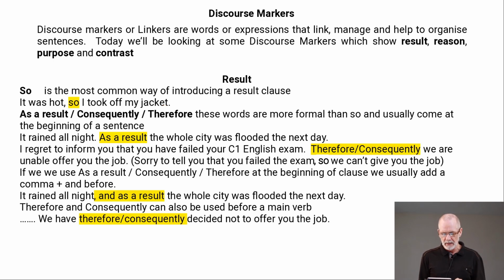The first one is it was hot, and the second one is the result clause, so I took off my jacket. Notice that there is a comma before so, and here we have two clauses in the same sentence. So is the most common way in spoken English, in informal spoken English, of introducing a result clause.